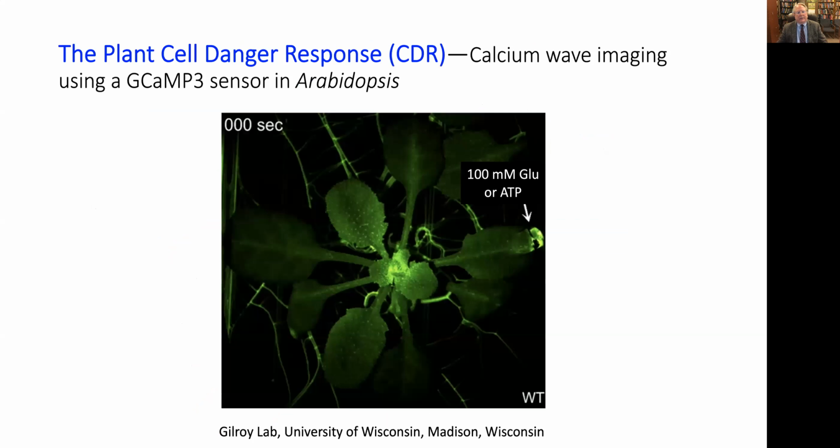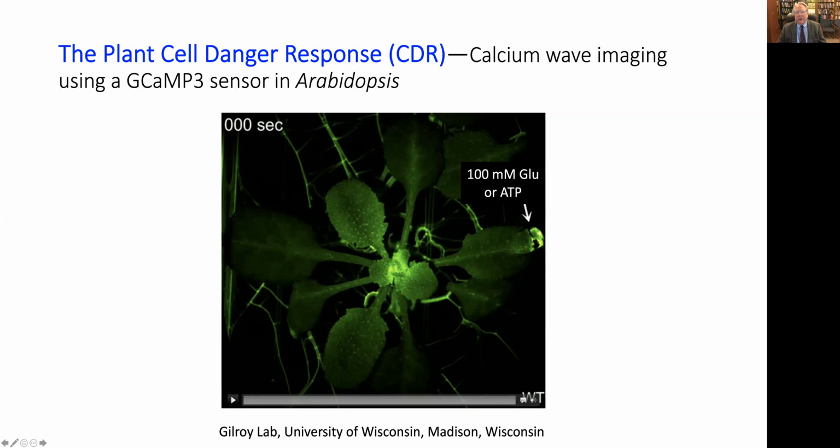So what about, if the cell danger response is so universal, can we see it in plants? And the answer is yes. And so it involves, as it does in humans, the release of intracellular calcium stores. In this case, here's a little mustard plant that has a little bite taken by a cricket, simulated in the laboratory.